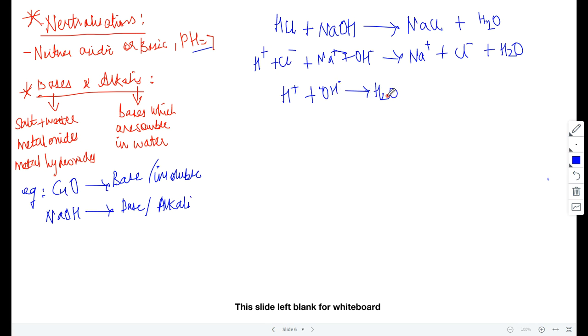Any doubt till here? So together they neutralize each other. We know that water is neutral, right? A neutral solution can be produced if the correct amounts of the acid and the alkali react together.